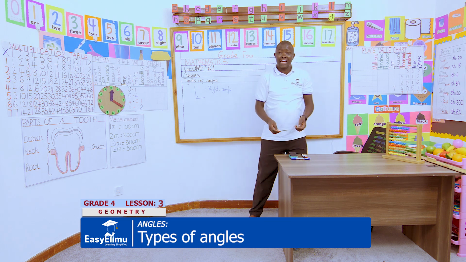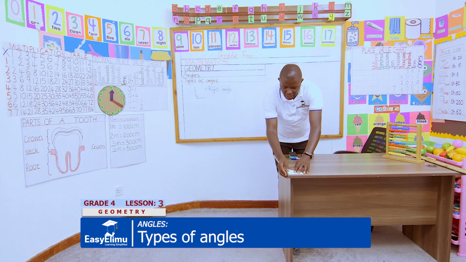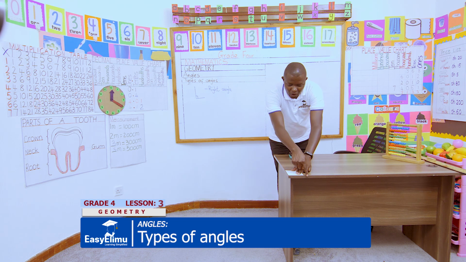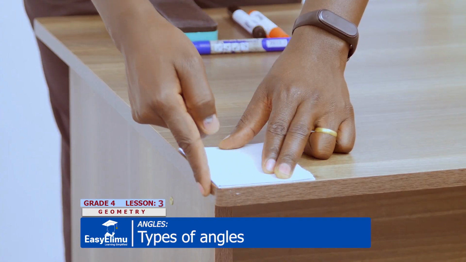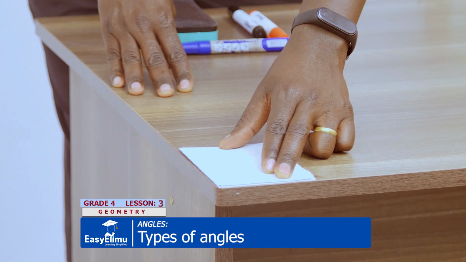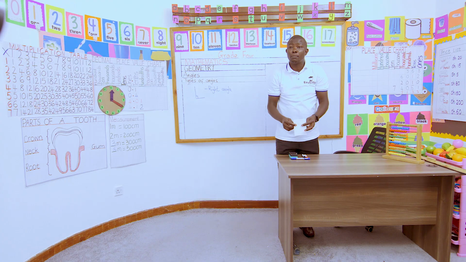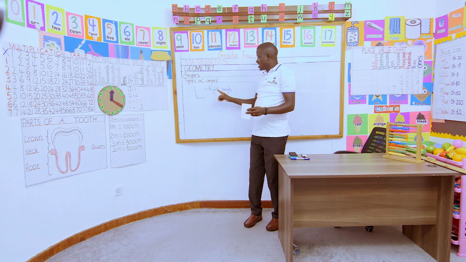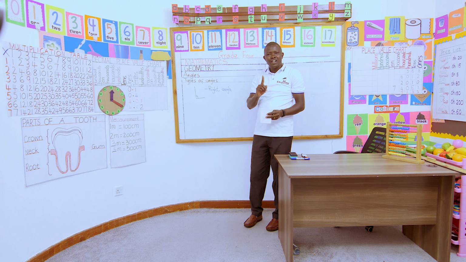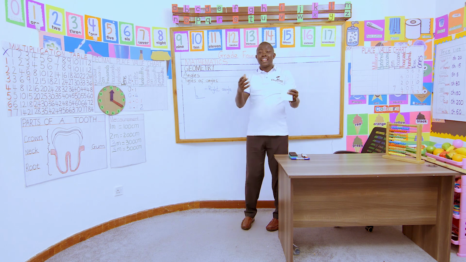Let us trace it and see whether it is the same. Good. That is the same angle formed by the corners of our table. So our table bears this type of angle, and it is called right angle.